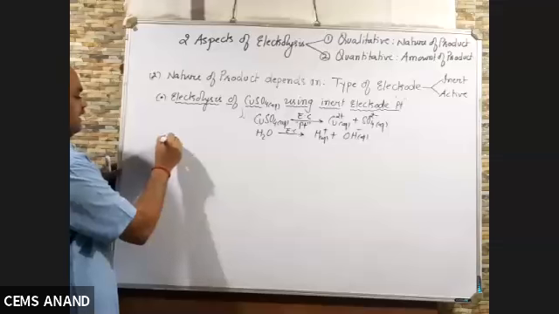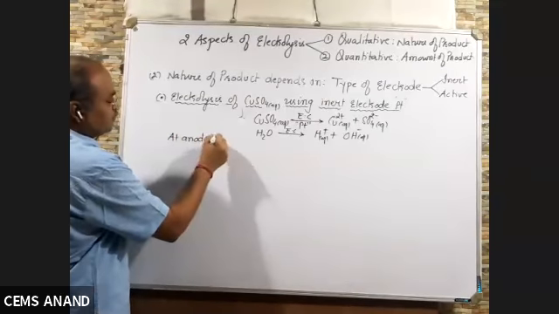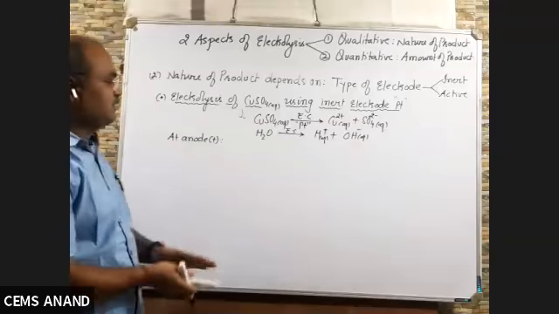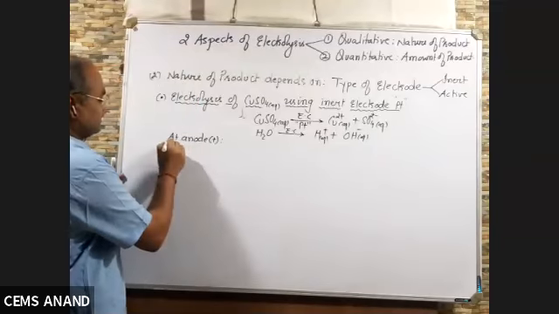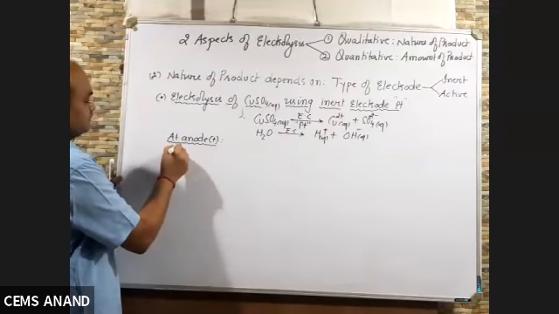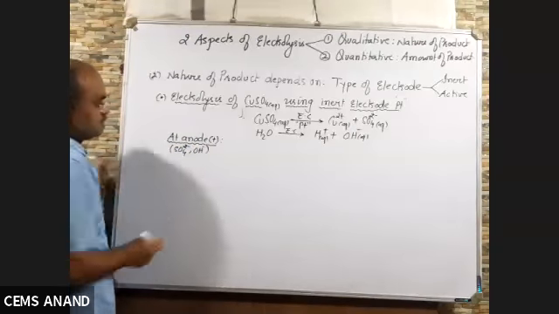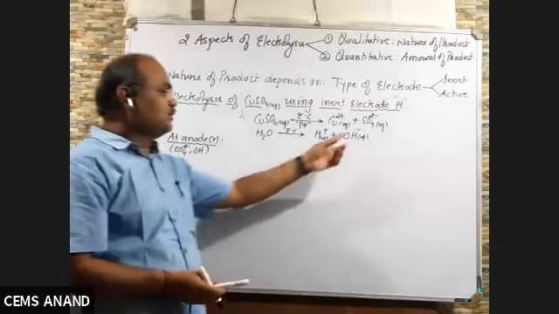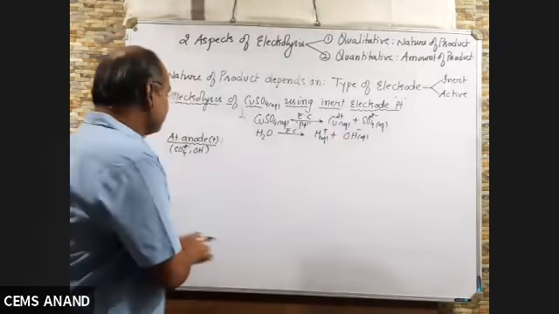Now what will happen at the anode? Anode is positive, right? At the positive electrode, SO4 2- and OH- both will be attracted, but only OH- undergoes oxidation.